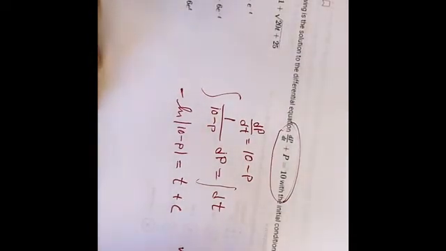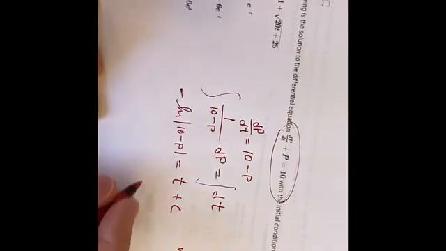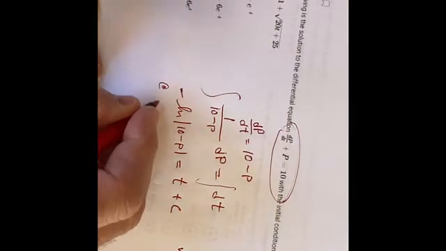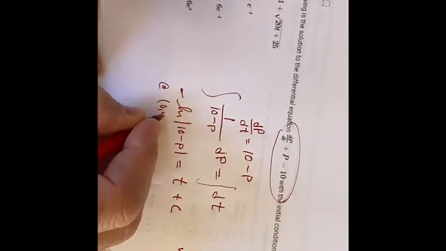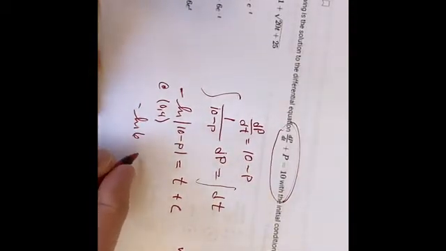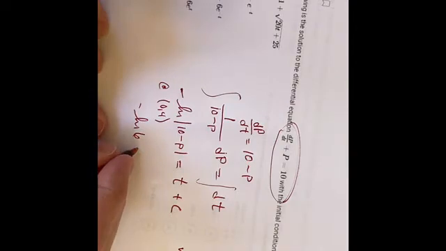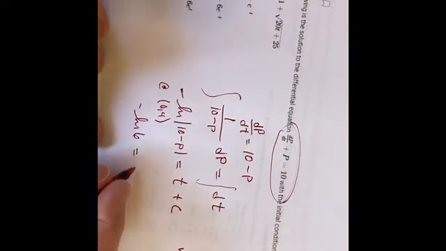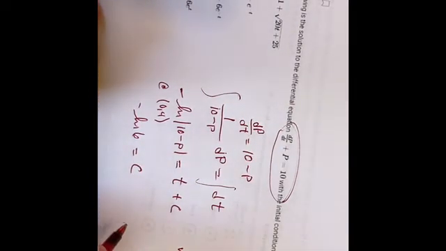Now with the initial condition, when t is 0 and p is 4, we've got negative natural log of 6. It's positive, so I don't need the absolute values. Equals c. So that's what c's value is.